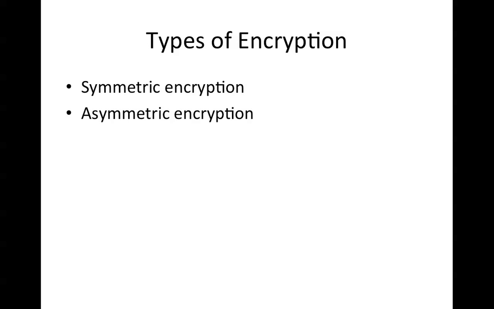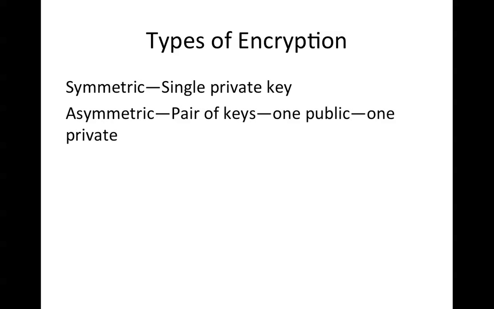In the case of asymmetric encryption, we have keys that are partially shared publicly and partially kept privately. So these two principles will ultimately guide our discussion today. Now, just a recap: symmetric encryption uses a single private key and asymmetric encryption uses a pair of keys, one public and one private.